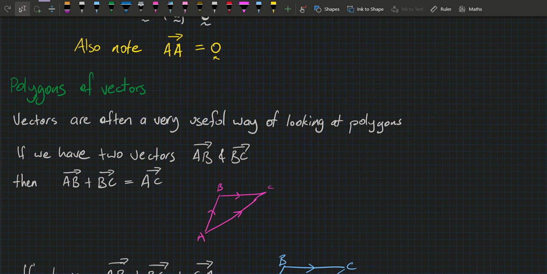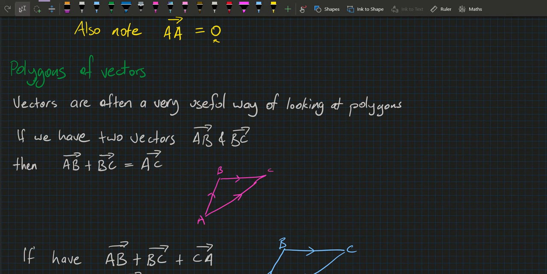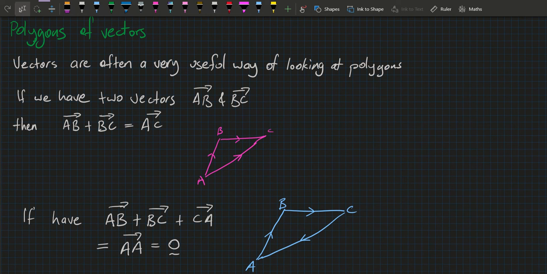We can use vectors to represent the edges of polygons. So it's going to be a really useful way of looking at things like that. And at the end of this chapter, we're going to do some proofs based on these facts. Okay, so let's have a look at AB and BC.